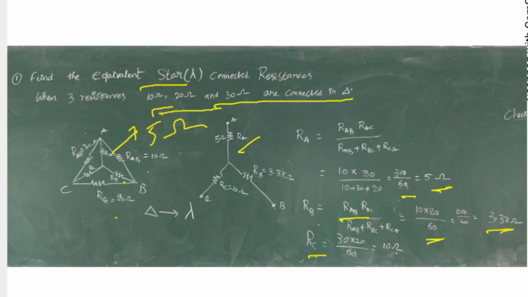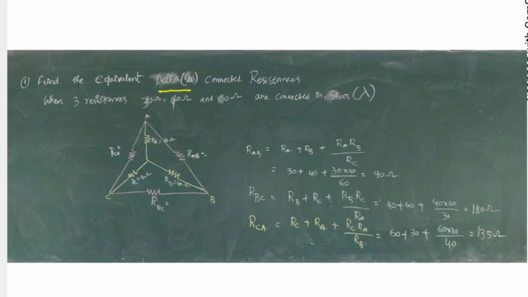Now let us find the equivalent delta resistance when three resistances 30, 40, 60 are connected in star. If the resistances are connected in star, what is the delta circuit resistance RAB?